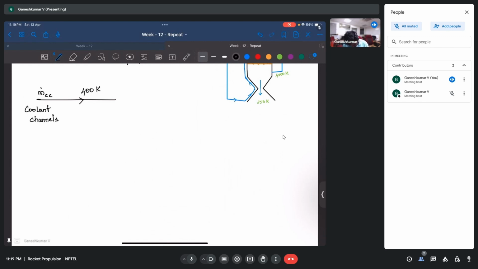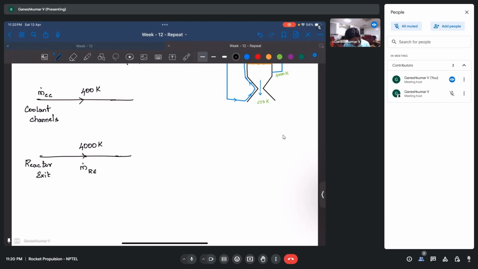Now there is another stream coming from the reactor exit, which is at 4000 Kelvin. At a certain proportion we are just mixing, so that proportion is taken care of by m dot. So let's call this m dot reactor exit, Re.